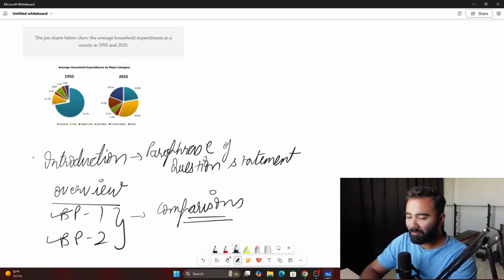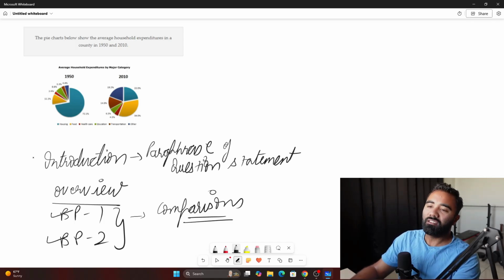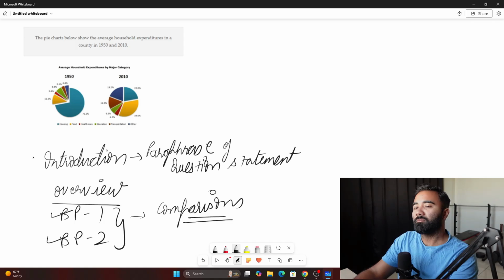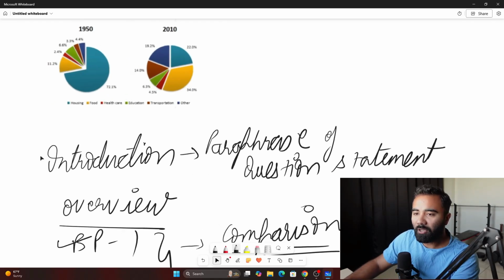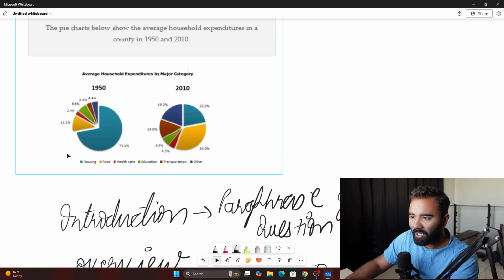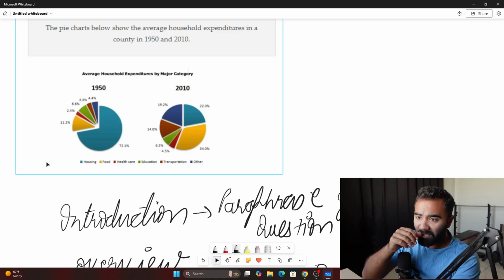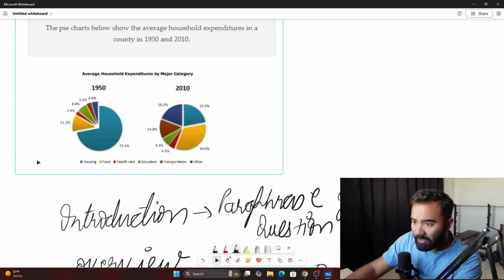Comparisons are the statements that you use to show either similarity or difference or some relation between both. If I had to give you an example of a comparison from this diagram, let's see if I can, like this one.